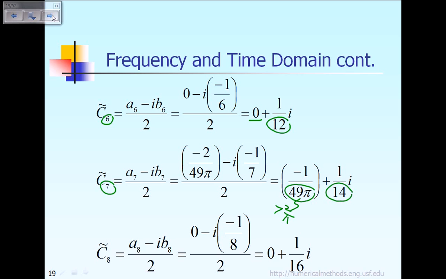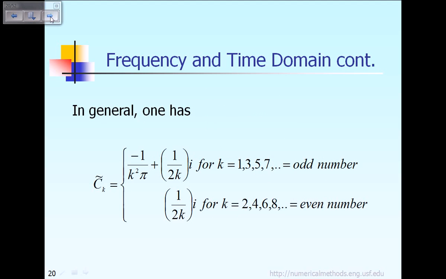So based on the pattern that we recognize, we can write out the answer for C tilde k in a very nice compact form. C tilde k is equal to the first equation when k is an odd number. And as you remember, the index k now becomes k squared for the real part.